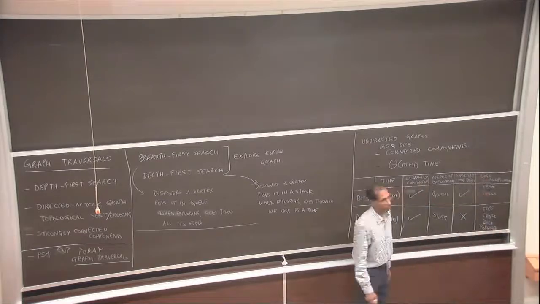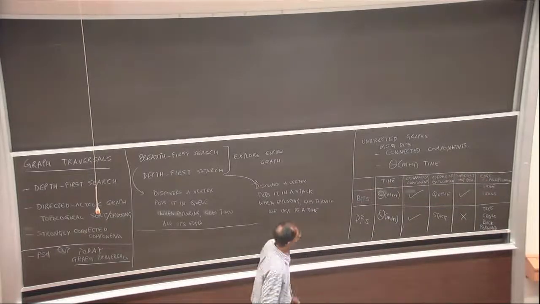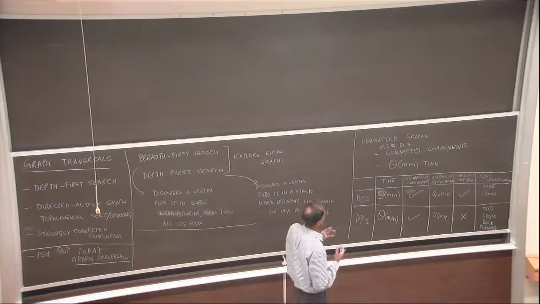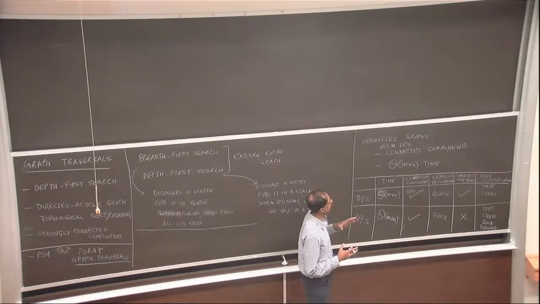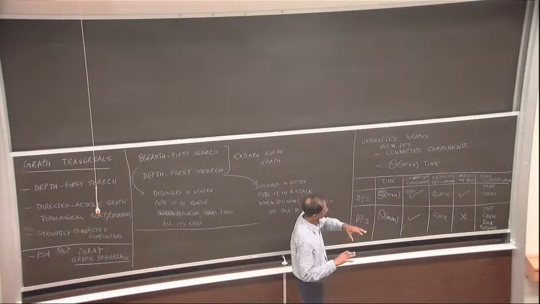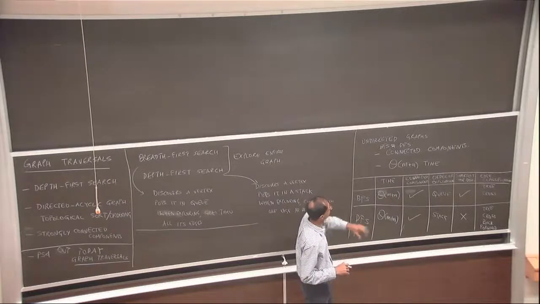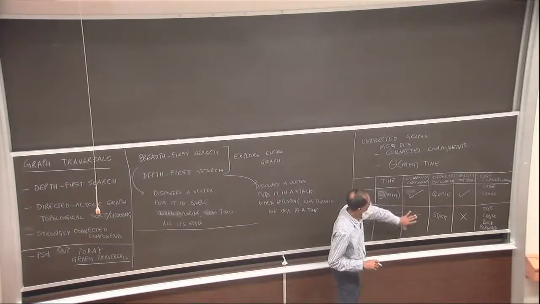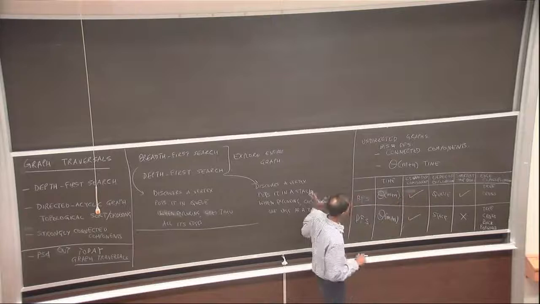Both of them can be used to figure out how the graph is connected. And this is, by the way, for undirected graphs. For directed graphs, something different is done, and we'll go over that.